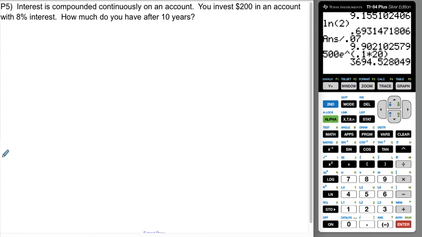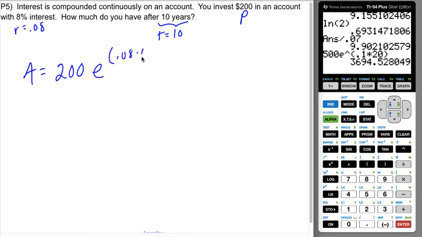All right. Go ahead and try P5. So you invest $200, that's your principal, the starting amount, at an interest rate that is 8%, so that's 0.08, right? And your time is 10 years. So we want the amount to be Pe^(rt), and then we're just going to get an approximate amount.